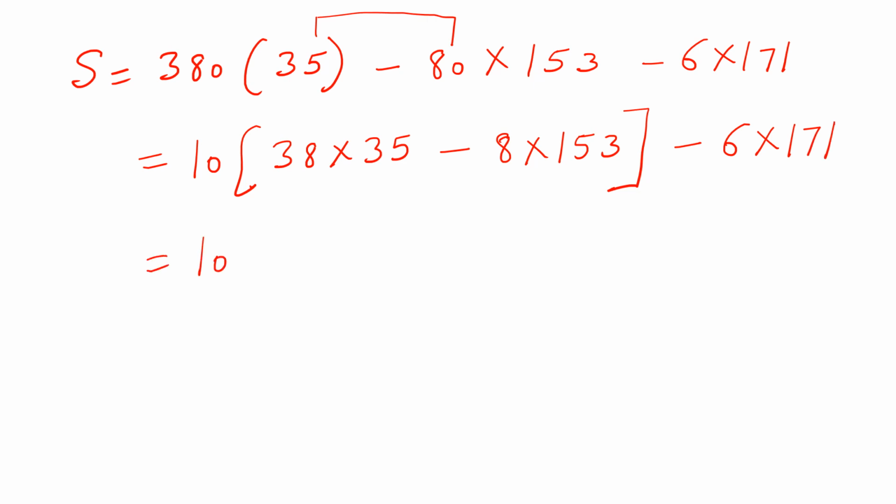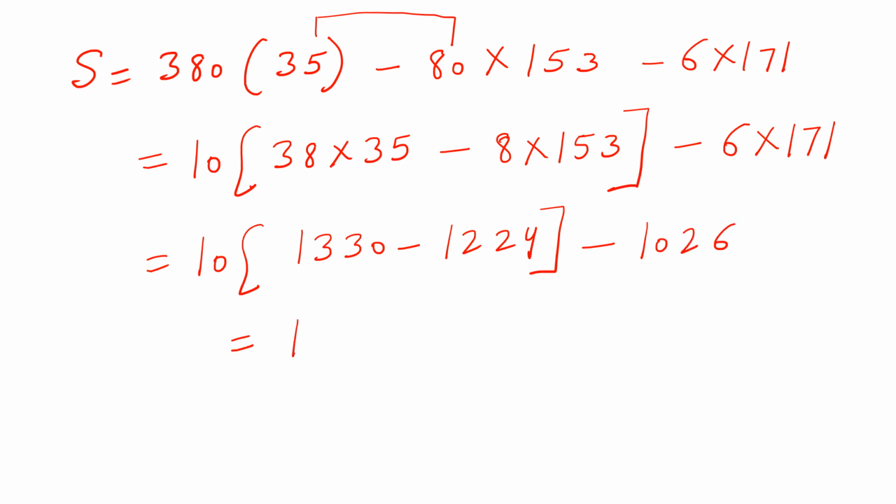Now this can further be written as 10 into. Now 38 into 35, it becomes 1330 and 8 into 153 is 1224. Now 6 into 171 is equal to 1026.